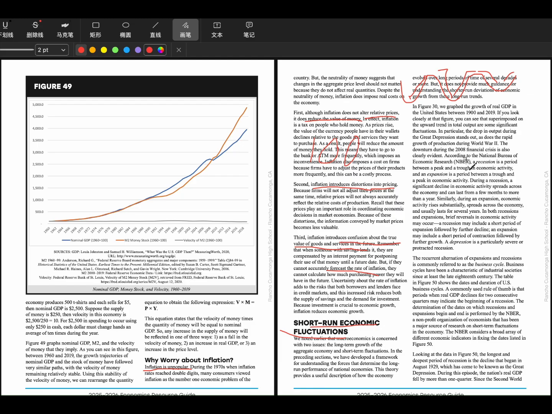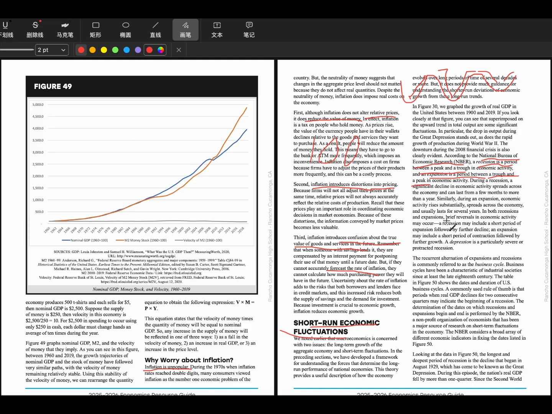And what we have to remember is that there's the National Bureau of Economic Research, a pretty credible board that records the recessions and expansions in the economy. According to them, a recession is a period between a peak and a trough in economic activity, and as mentioned before, an expansion is a period from a trough to a peak.